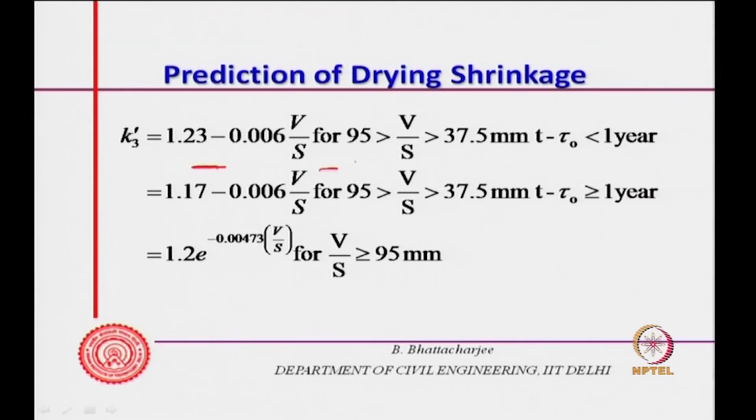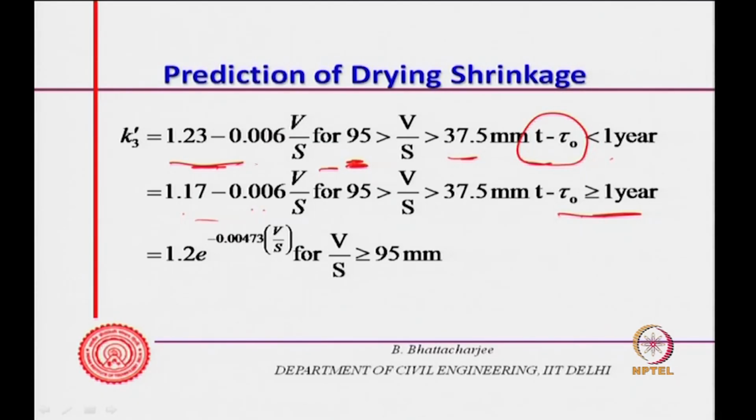For example, if it is more than 37.5 but less than 95, then the formula is 1.23 minus 0.006 V by S, for T minus T0 less than 1 year. If this is more than 1 year, the formula is again 0.006 but with 1.17. So, this basically depends upon the age.